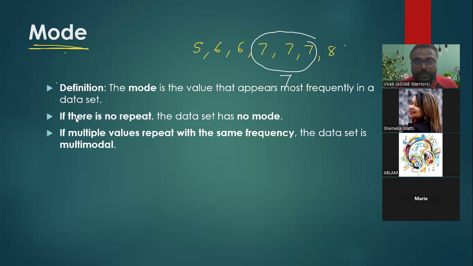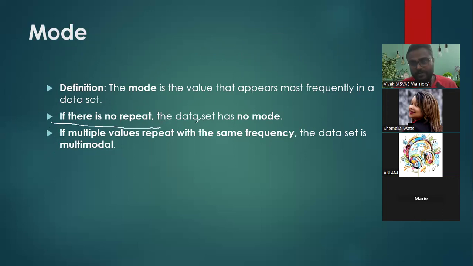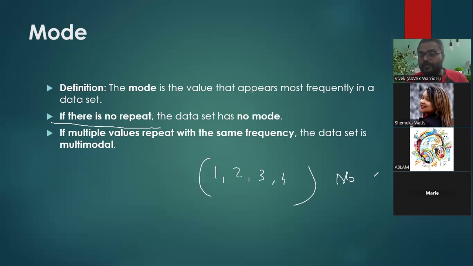Now, there is another case. If there is no repeat, let's say the values 1, 2, 3, 4, there is no repetition. That means this data set has no mode.